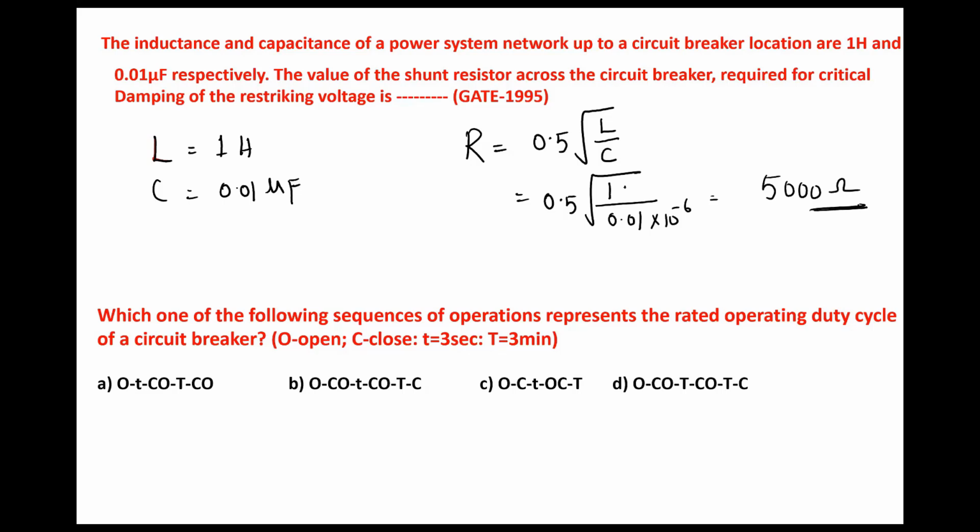Next, which one of the following sequence of operations represents the rated operating duty cycle of circuit breaker? Operating cycle of the circuit breaker. Okay. So how should the circuit breaker operating cycle be? Let us assume you have become an engineer and you are working in a big power plant or a big industry.